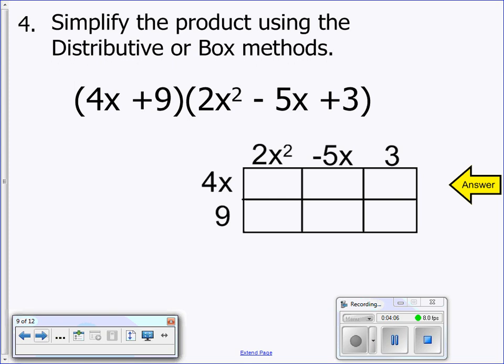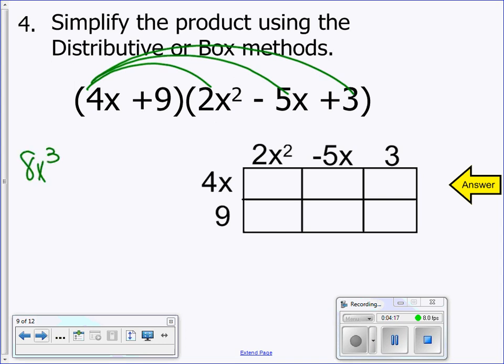This time we're going to have to do all the way across, so our distributive property. So 4x times 2x squared, that's 8x to the third. 4x times 5x is minus 20x squared, and 4x times 3 is 12x.